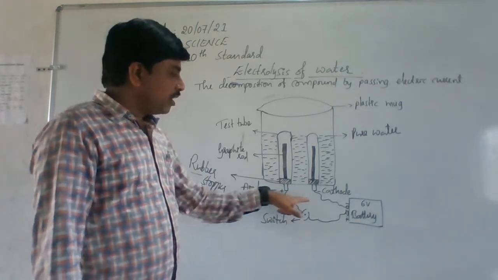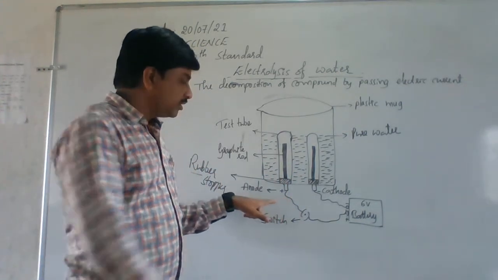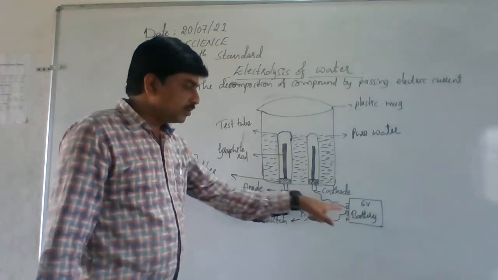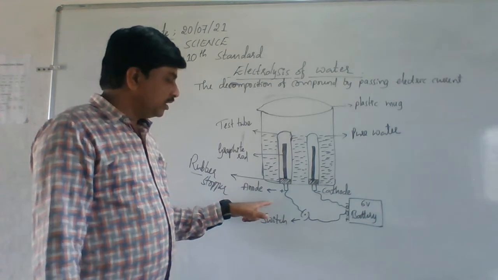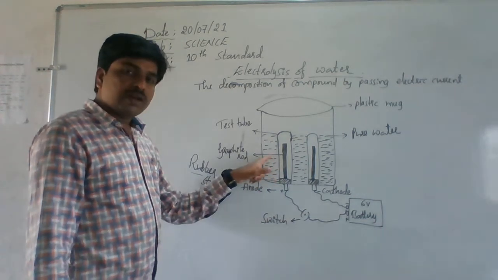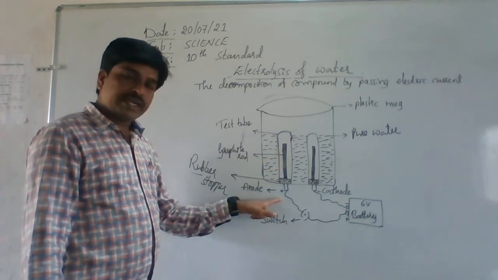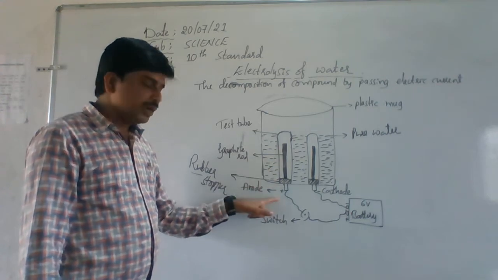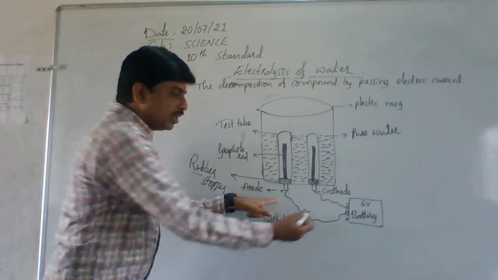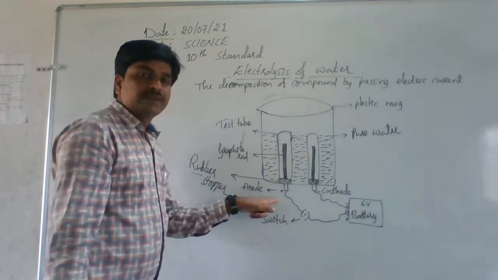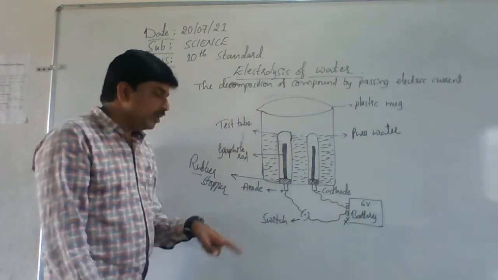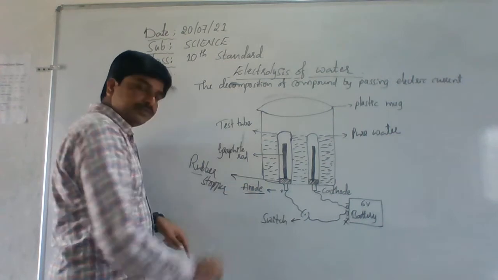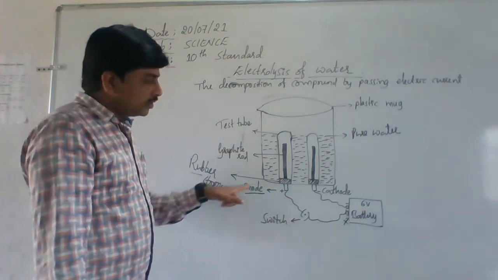Then you have to take 2 conductors and connect these 2 graphite electrodes to the 6-volt battery. See, the graphite electrode which is connected to the positive terminal of the battery is called the anode.